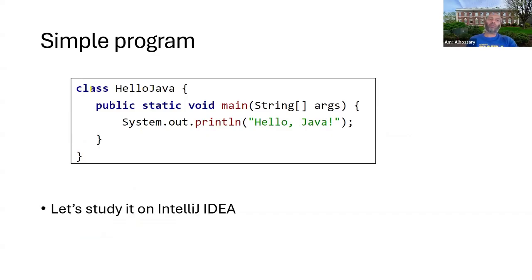Here is a simple program. Everything is in a class, so we declare a class with the keyword class, then the class name. Here we call the class hello Java or hello world, whatever you would like, and opening bracket and closing bracket. As we said earlier, everything is in a class, and all code blocks are in brackets.